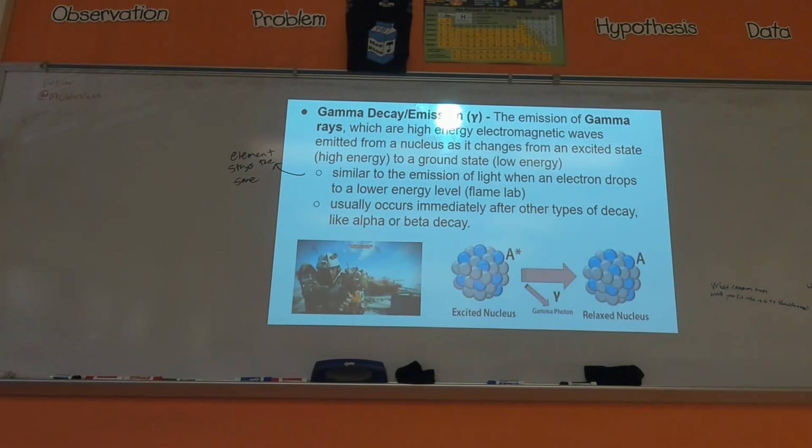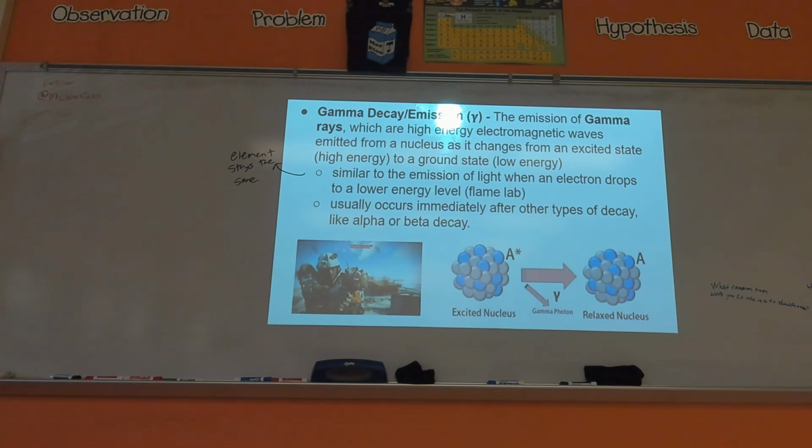Now, gamma decay wouldn't be like what you would do in the flame lab. What happens in gamma decay is a similar thing. The atom gets to an even more excited state, but then when it goes back to its more relaxed or lower state, it will release that high energy gamma particle. Okay, so that's a little confusing. It's not super important for today, especially. It'll make a little more sense when we actually do that lab.